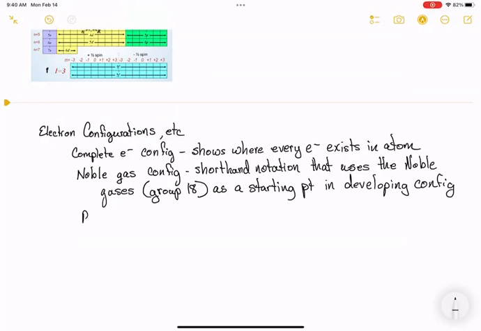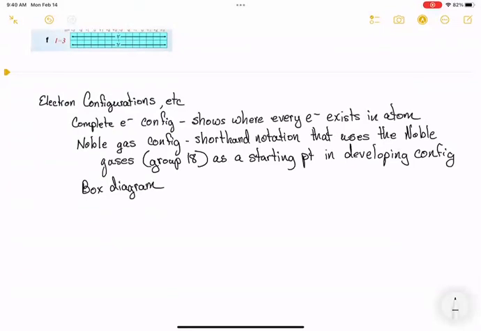We will do a box diagram. And we'll get the quantum numbers.